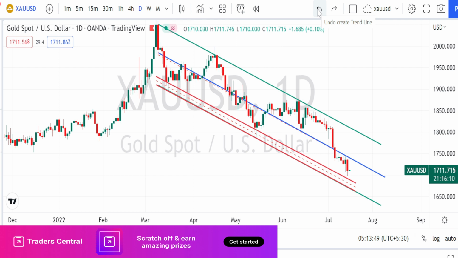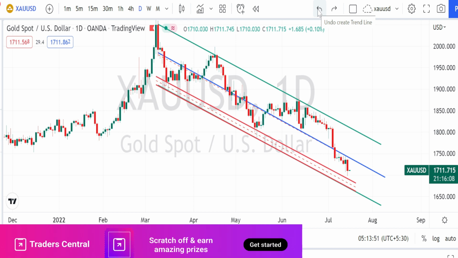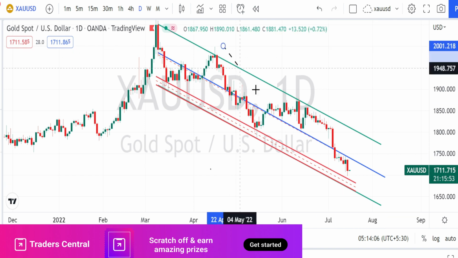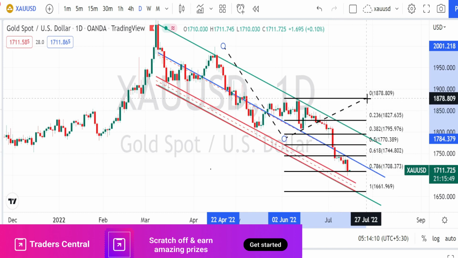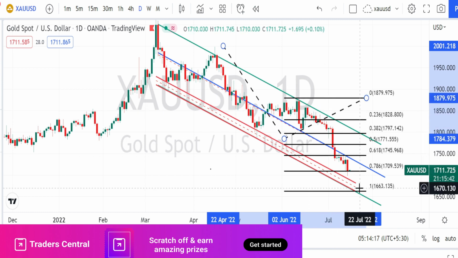So when we look at the current support and resistance levels using the Fibonacci extension tool, second wave of the bearish trend started from here, then it took support over here, then it retraced and tested this resistance line of the bearish channel pattern, then the bearish trend started from here.